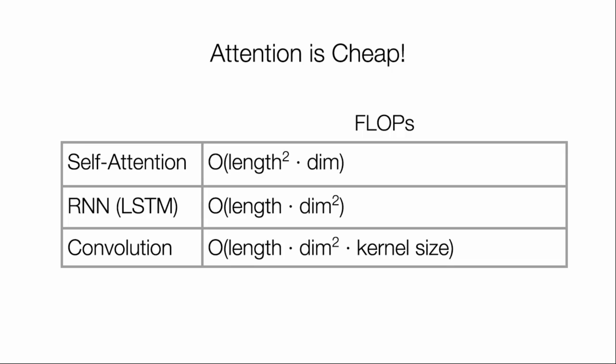Compare that to an RNN or a convolution, which is linear in the length of the sequence, but quadratic in the dimensionality. So if the dimensionality is larger than the length of the sequence, then attention is cheaper. In practice, you can do self-attention over sequences of thousands of tokens, no problem.